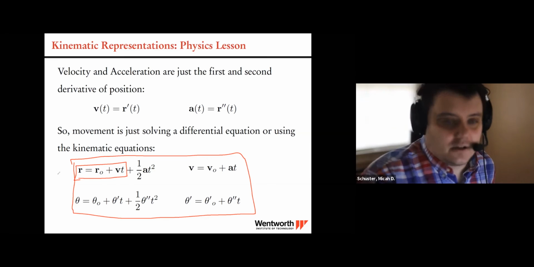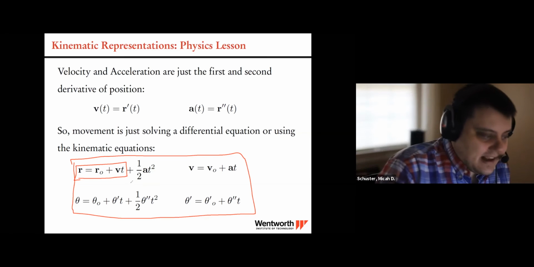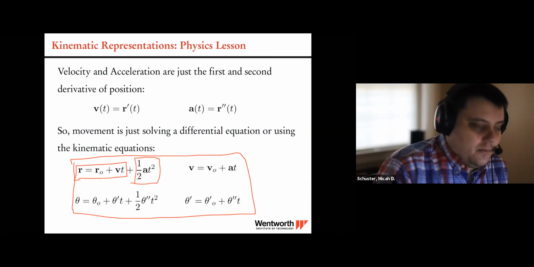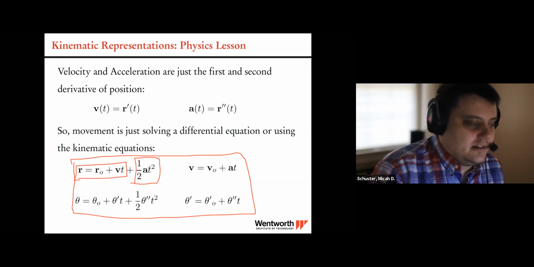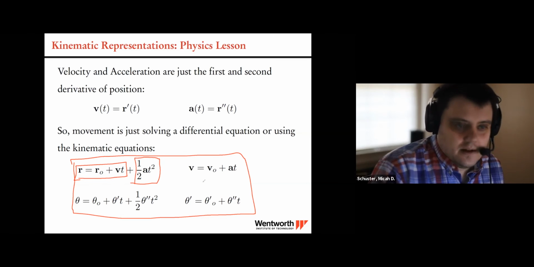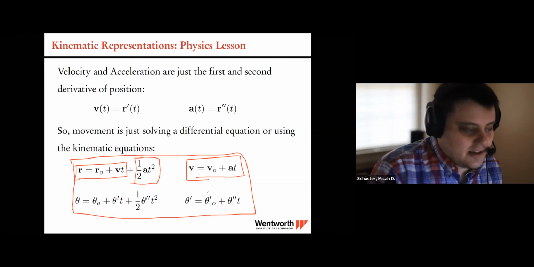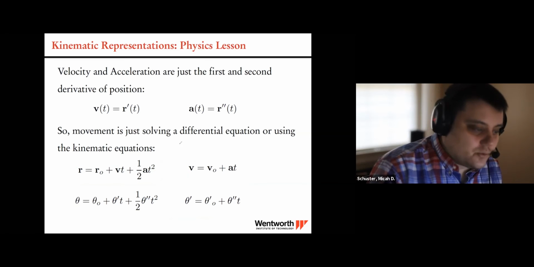If we had acceleration, we would need this extra piece here, another vector, 1/2 times the acceleration vector times delta time squared. Updating the velocity based on acceleration is just this. Same thing for our angle and our angular velocity. So all of these are relatively simple equations.